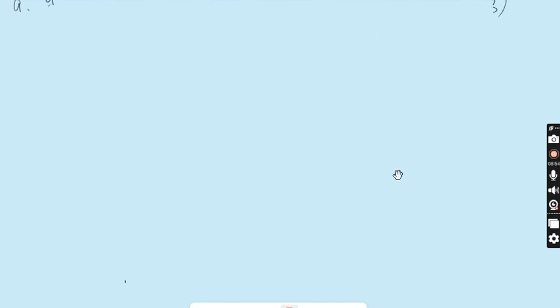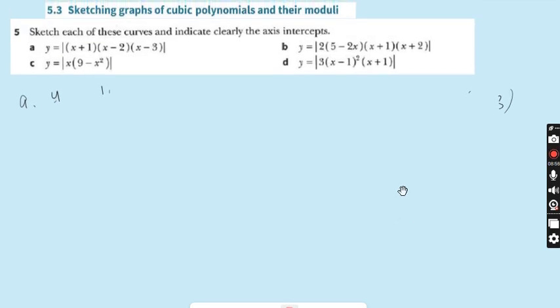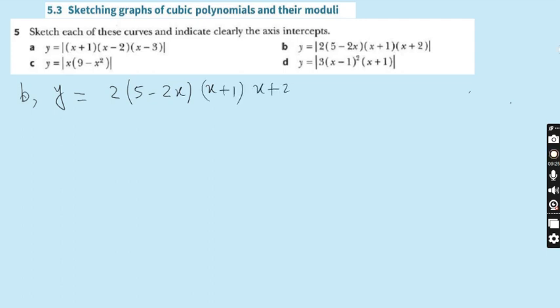What is part B? Part B is y equals the modulus of 2(5 minus 2x)(x plus 1)(x plus 2).